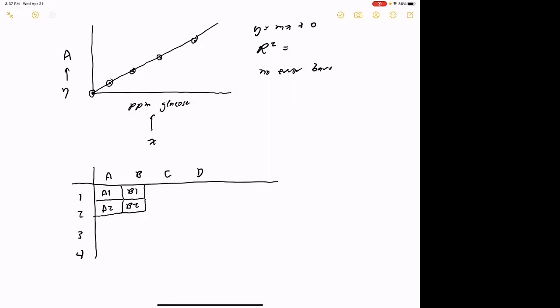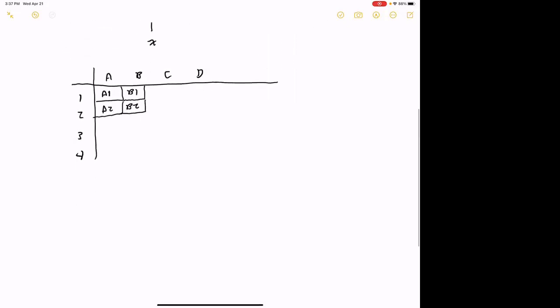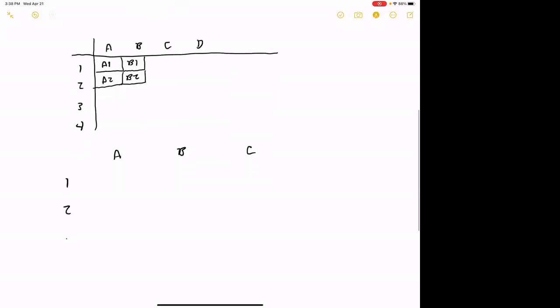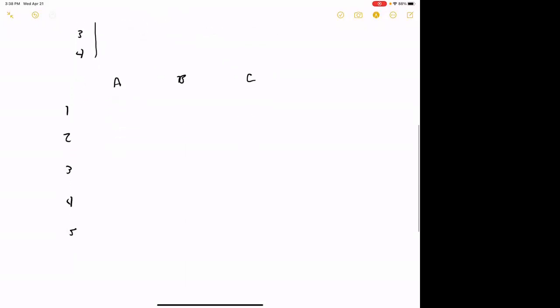All right. So for example, let's come down here and say that we ended up with data that looks like this. So over here in column A, I can have column B, I can have column C, and then I can go down, 1, 2, 3, 4, 5, 6, however far down we have to go.